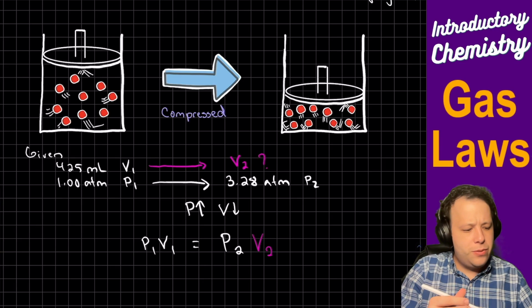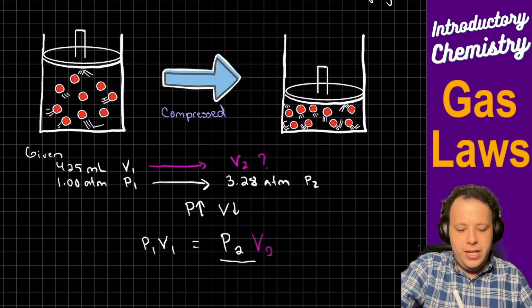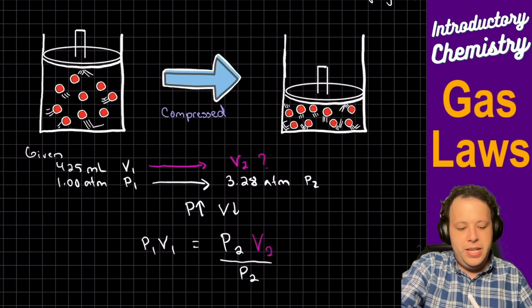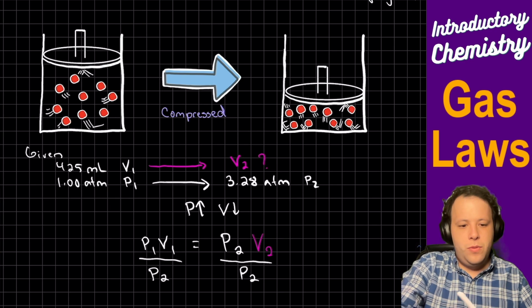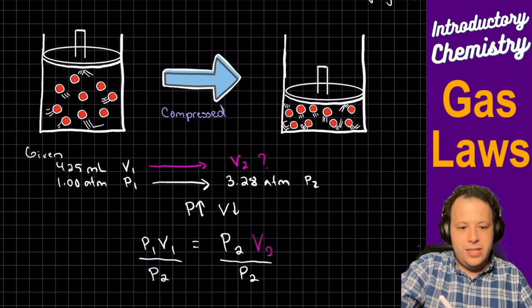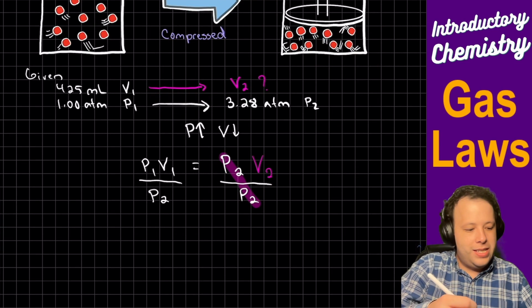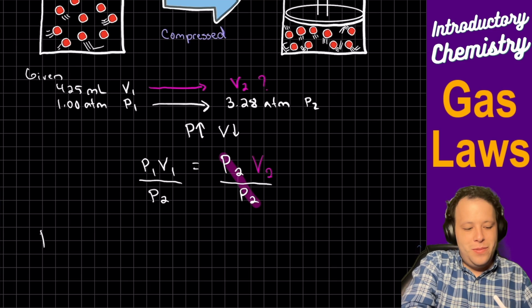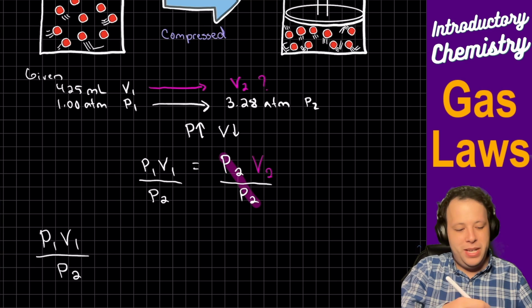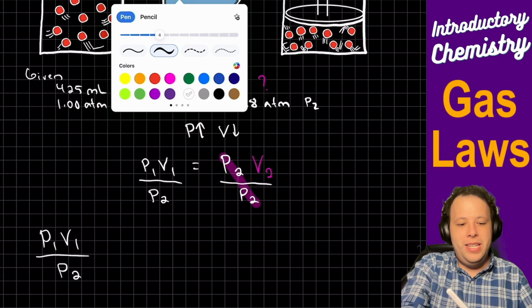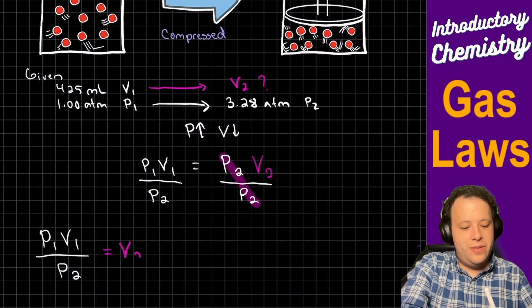Well, what's the easiest way to do that? If I divide both sides by P2, that's going to cause the P2 values to cancel, and that will, in a sense, get V2 by itself. So we have P1 times V1 divided by P2, and that's going to be equal to V2.